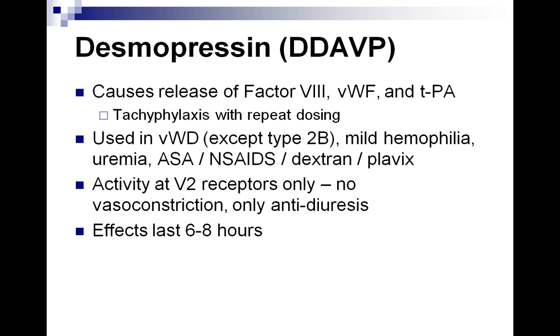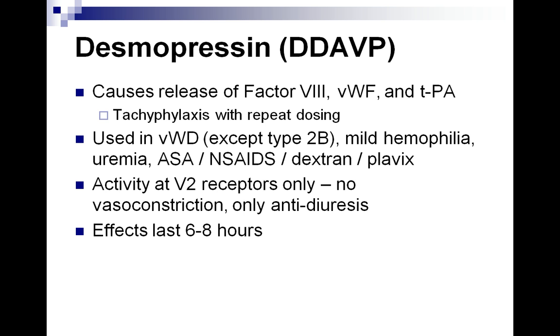We said before that DDAVP is the treatment of choice in all kinds of von Willebrand's disease except 2B. People will also use DDAVP in patients who have mild hemophilia and in conditions where platelet function has been compromised, so uremia, COX inhibition, dextran, and Plavix.